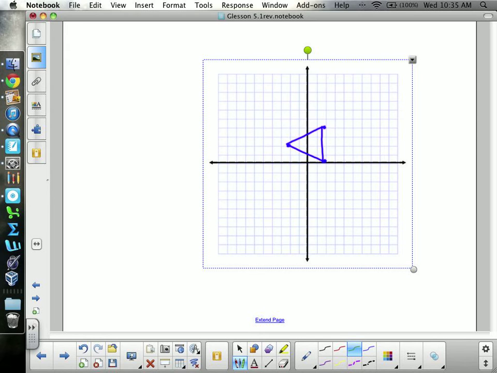Well, this is 1, 2, 3, 4 units long, and it's vertical. So from here I go down 4, 1, 2, 3, 4, and up 4, 1, 2, 3, 4. My orientation is off. This side is down 2 over 4. So I'm going to go down 2 from here, over 4.